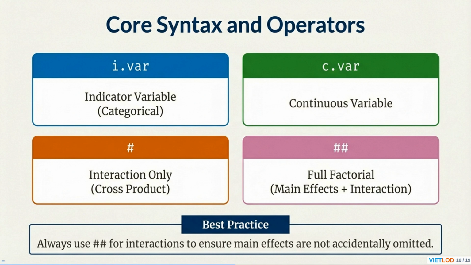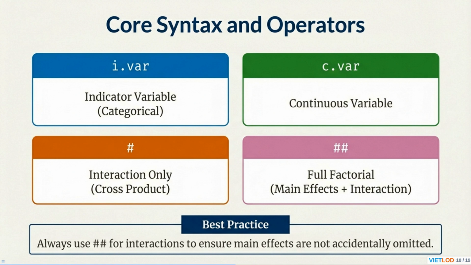This slide breaks down the essential Stata syntax for handling different types of variables and interactions. At the top, we have the two primary prefixes, i.var for indicator or categorical variables, and c.var for continuous variables. Below these, we have the interaction operators. The single hash is for interaction-only terms, essentially the cross product.